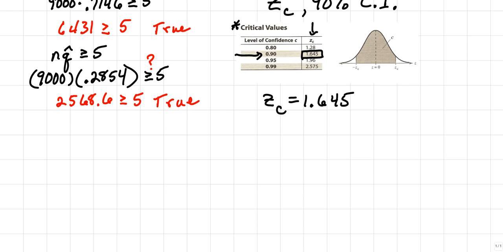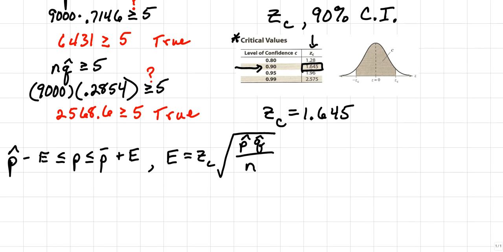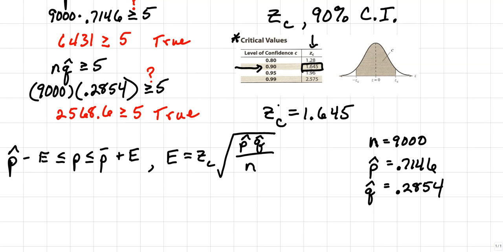So we're going to use our confidence interval formula, and remembering that n is equal to 9,000, p hat was calculated to be equal to 0.7146, q hat was calculated to be 0.2854, and we also note that our z sub c is equal to 1.645.